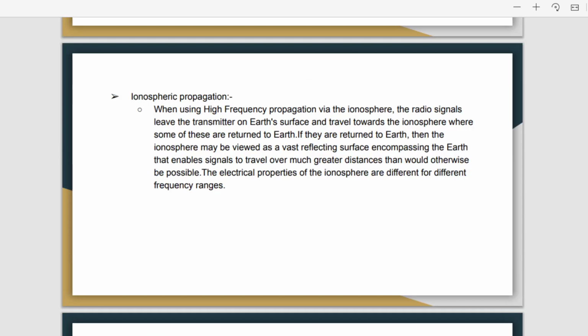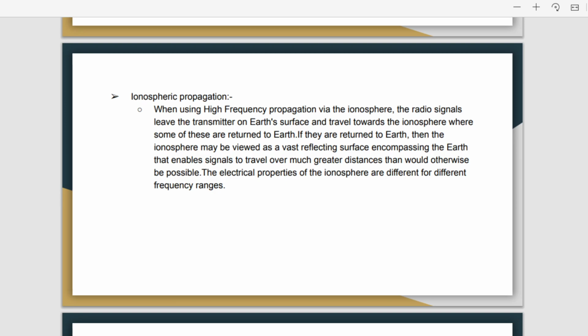Ionospheric propagation. When we use high frequency waves for propagation by ionosphere, the radio signals leave the transmitter on the earth's surface and travel toward the ionosphere, where some of them return back to the earth and some of them are lost in unknown space.